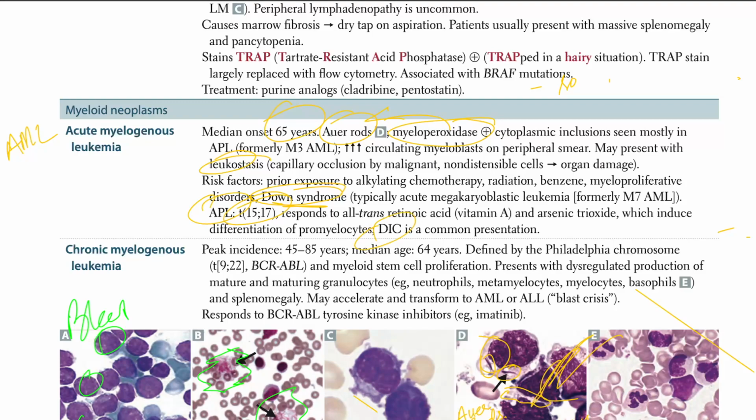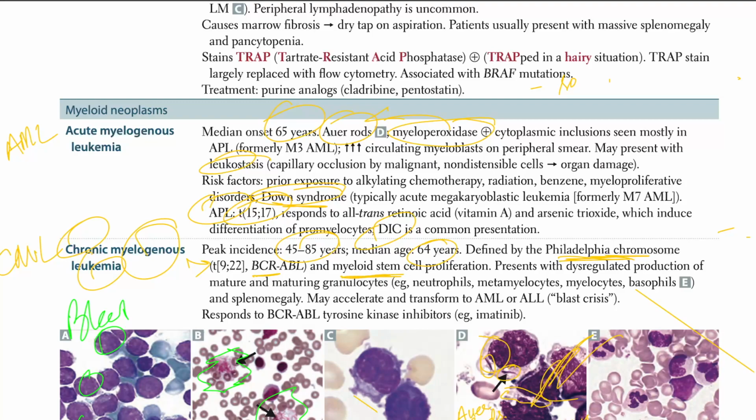Moving on with the CML, chronic myelogenous leukemia. Now, their peak incidence is 45 to 85 years. Median age is 64. So almost similar, right? Defined by the Philadelphia chromosome, which is a 9;22 translocation, in which you have BCR to ABL.